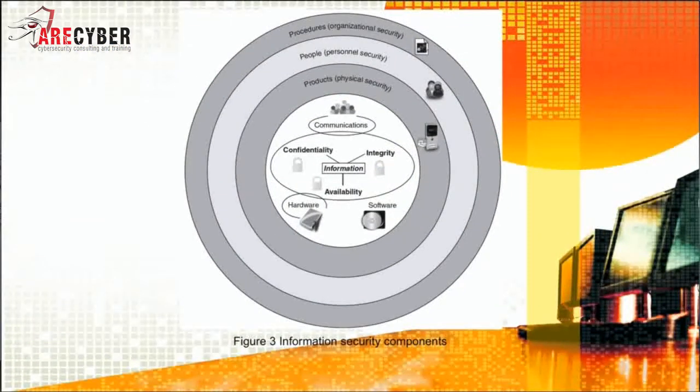When we layer these together, we call it defense in depth. So we have procedures and people and products all standing in the way of ultimately what we're trying to protect, the information.